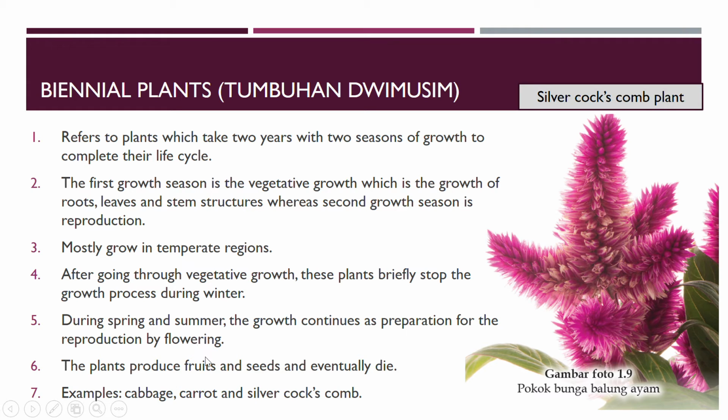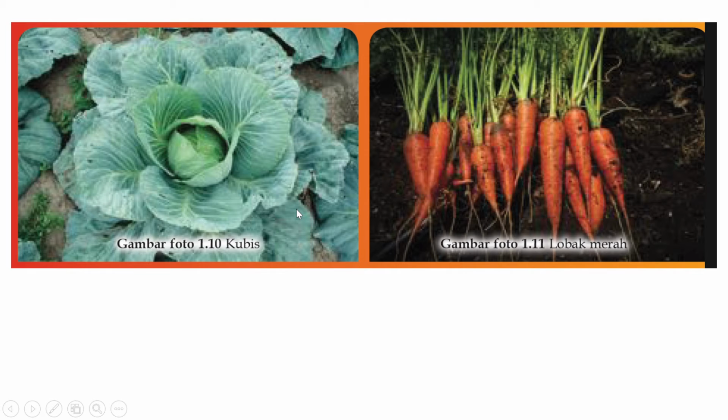Lepas berbunga tu ada buah, kemudian ada penghasilan biji benih, kemudian mati. So even cabbage and also carrot as well. Mereka ni 2 musim. Okay, ingat-ingat bila kamu memasak sayur cabbage, kubis dengan carrot, nah those are tumbuhan dui musim.